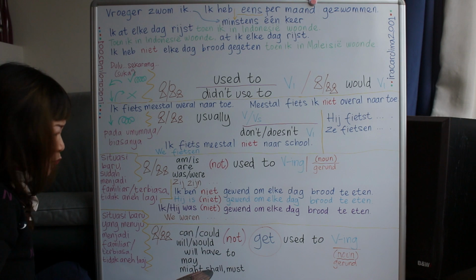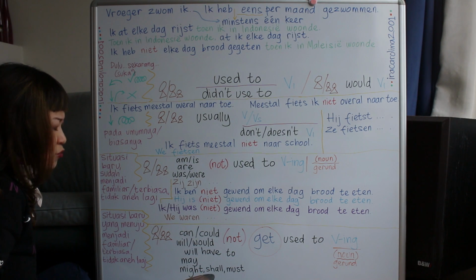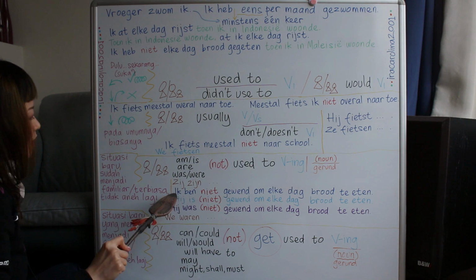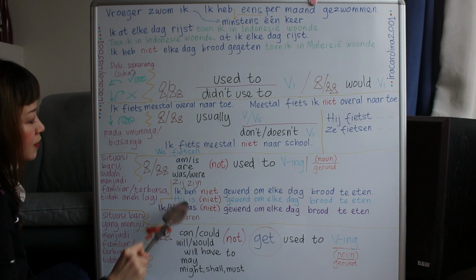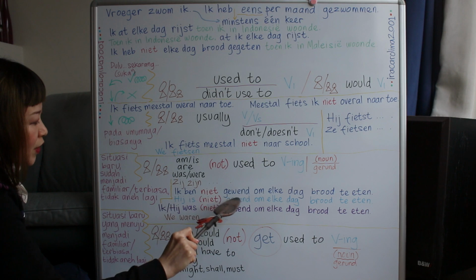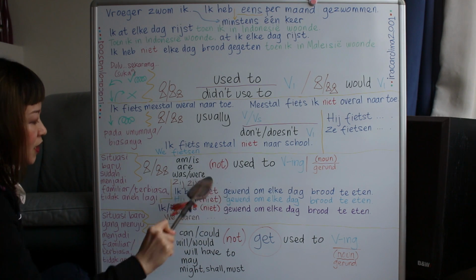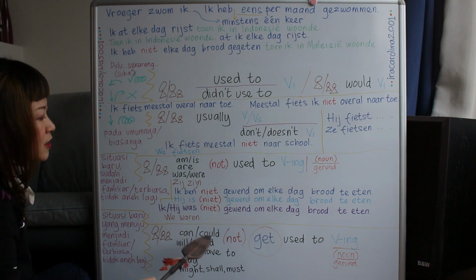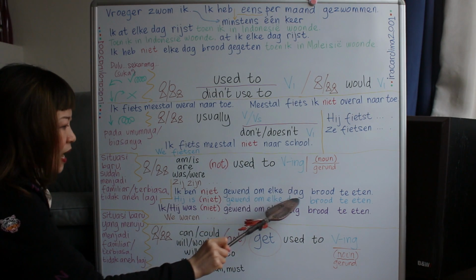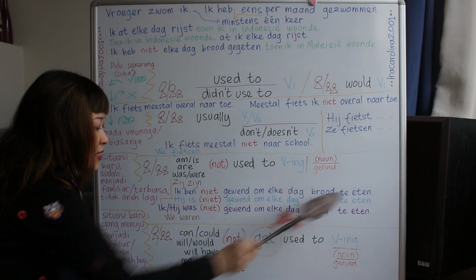If you want to say I'm not used to eating bread every day, you put the niet after the ben, or before the gewend. Similar or the same as English. Ik ben niet gewend om elke dag brood te eten.